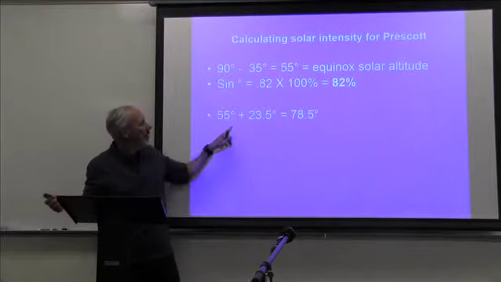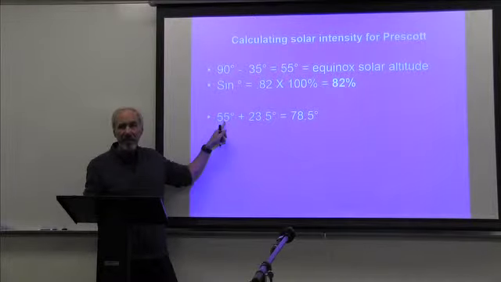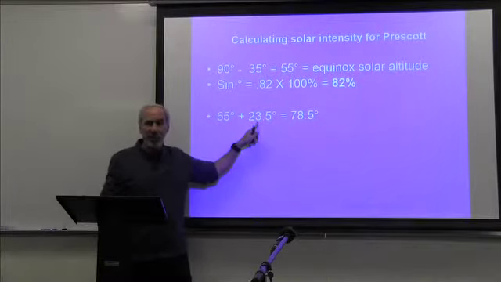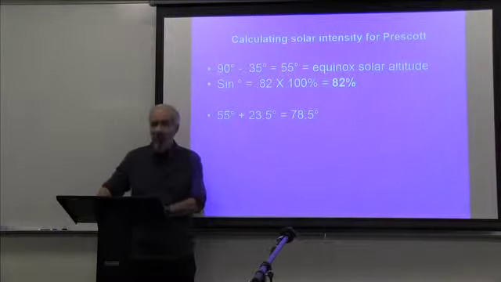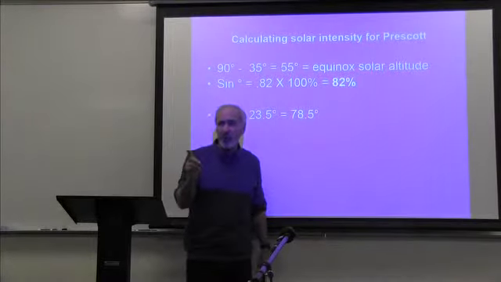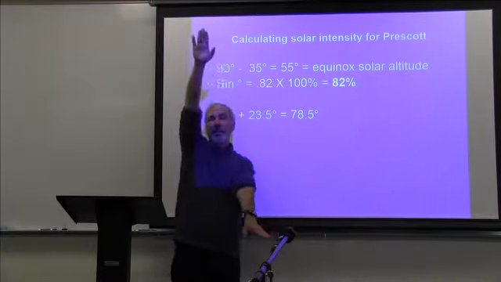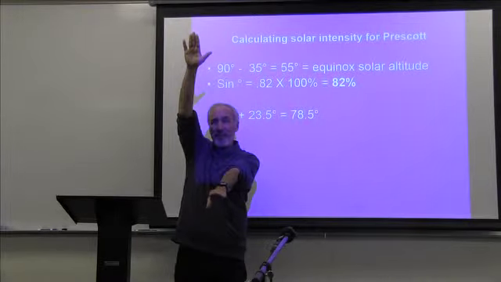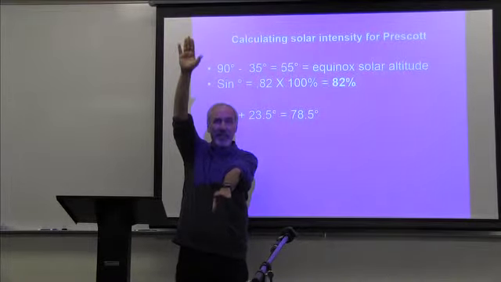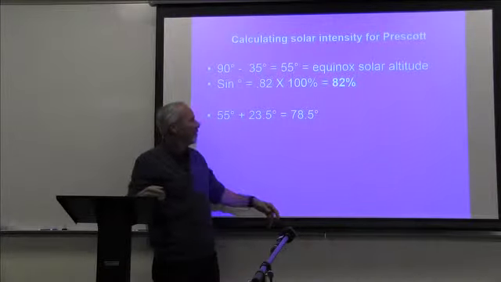But now, this is going to be our summer solstice. We're going to take that 55 degrees, add the 23.5 degrees, and get 78.5 degrees. What does that mean? That means on June 21st, here in Prescott, when we measure solar altitude, that sun is going to be at 78.5 degrees, much higher in the sky than it's going to be today. It's going to be 23.5 degrees higher on June 21st.